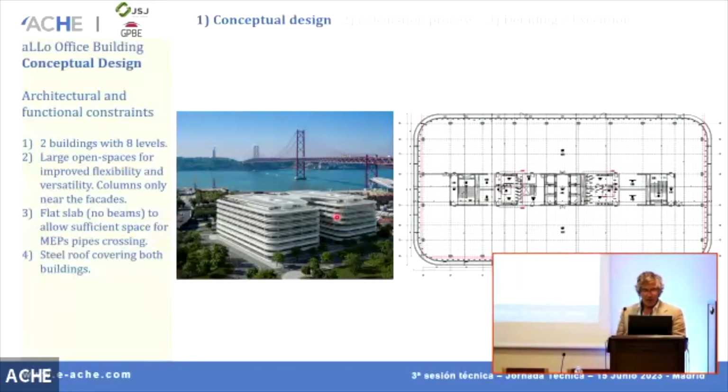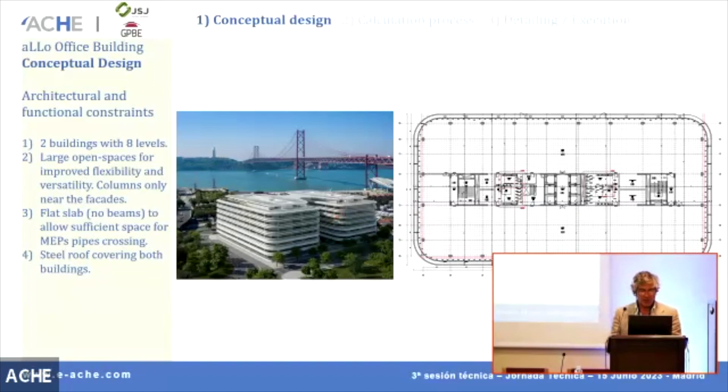Well, regarding the architectural and functional constraints, there were two buildings with 8 levels each, and there were many large open spaces for improving the flexibility and versatility of the space inside. So only columns on the facade were possible.